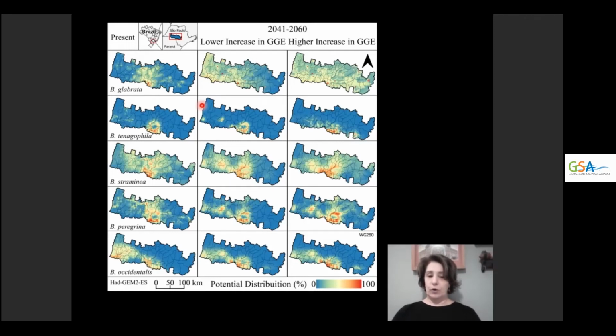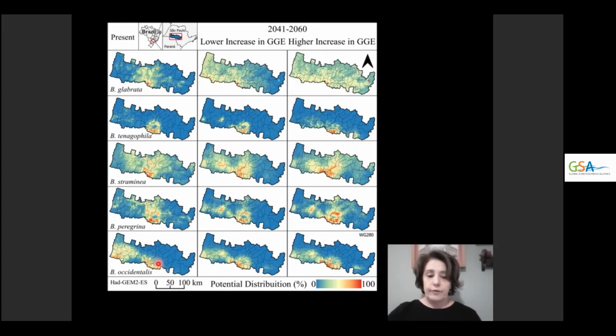Biomphalaria tenagophila, Biomphalaria occidentalis, and Biomphalaria peregrina seem to maintain the distribution that we find today. We cannot see an expressive expansion or reduction in the distribution of these species under the rise of temperature, for example.